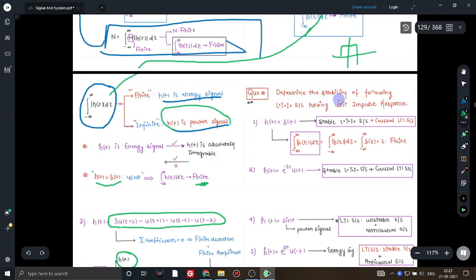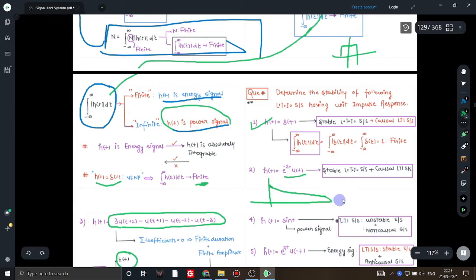So the question is to determine the stability of the following LTI systems having the given unit impulse response. The first one we discussed is the impulse function. So it is a stable LTI system, plus it is a causal LTI system also. Now this term, exponential. This graph comes out to be like this. This is the graph.